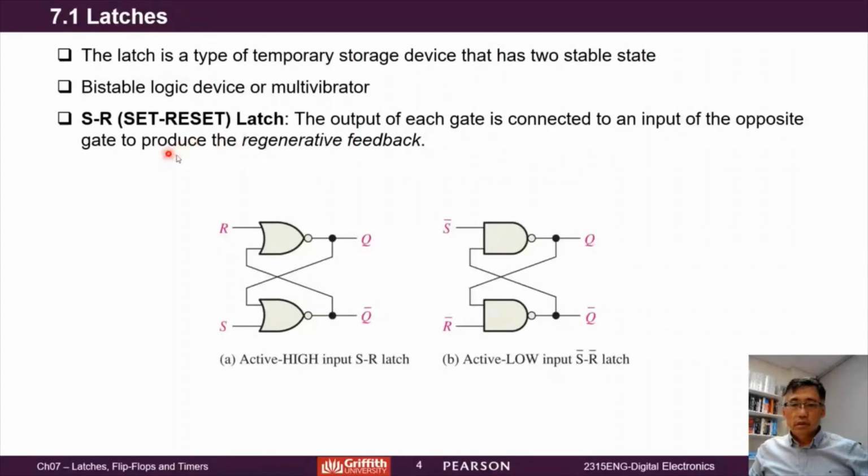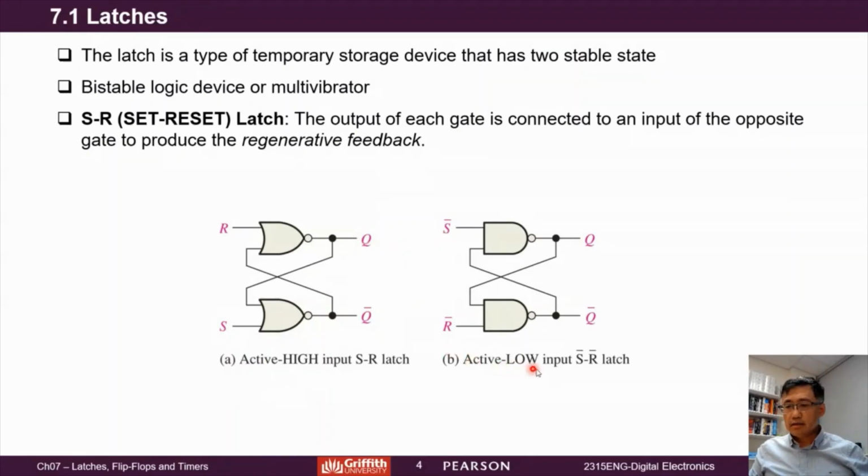So we need to produce some feedback, okay, from output to input. So these are two examples for the latches. This one is called the active high input latch, means if set is high, output will be high. We set output to be high.